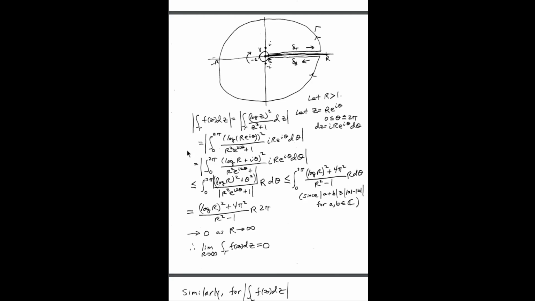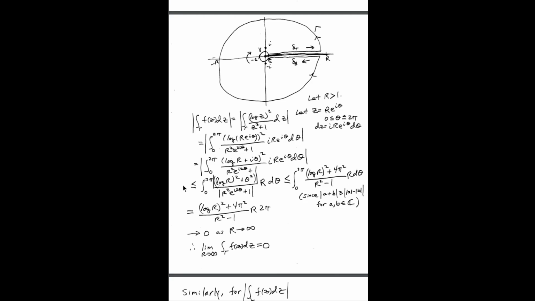Okay, multiplying some of this out, this is equal to the absolute value of the integral from 0 to 2π of the quantity (log R + iθ) all squared over, again, R^2 e^(i2θ) + 1 times iR e^(iθ) dθ. Okay, now bring in the absolute values on the inside.